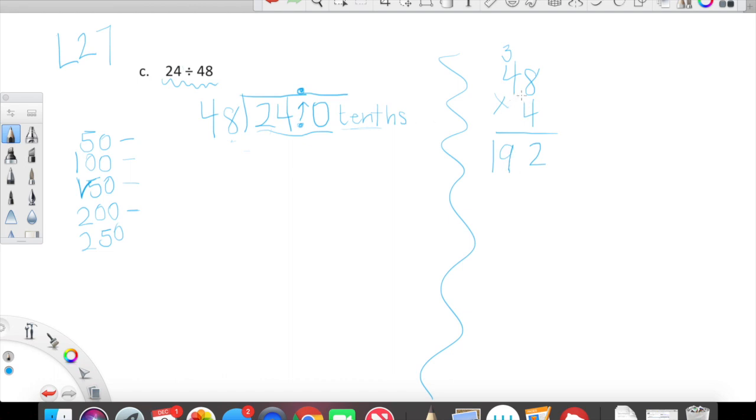So let's go ahead and look at this 4. We're going to put the 4 right above the 0 because this is communicating that when we're looking to drop 48 into 240 or 240 divided into 48 equal groups, we're looking at about 4 groups with some left over.